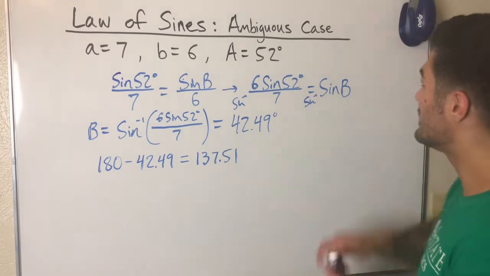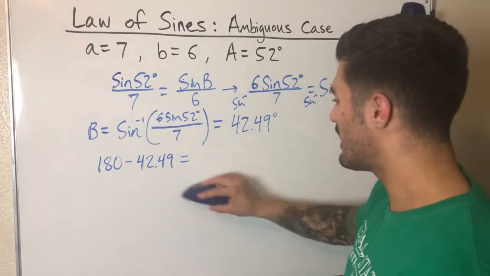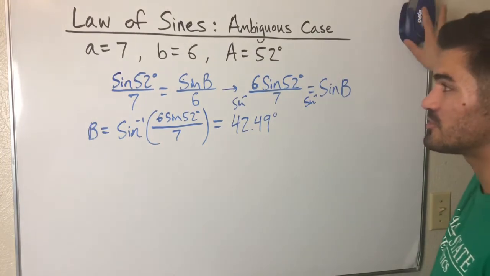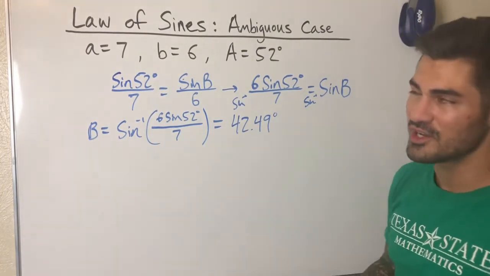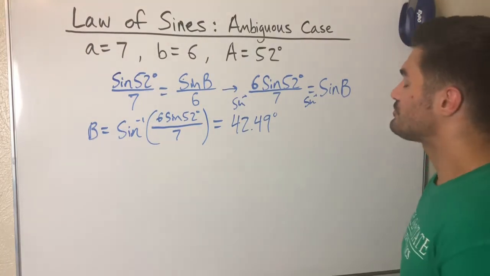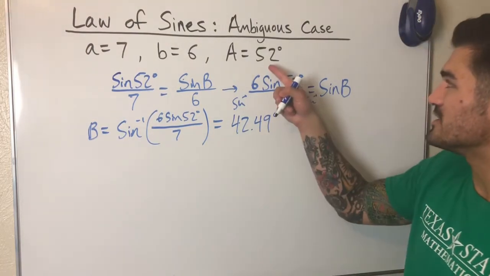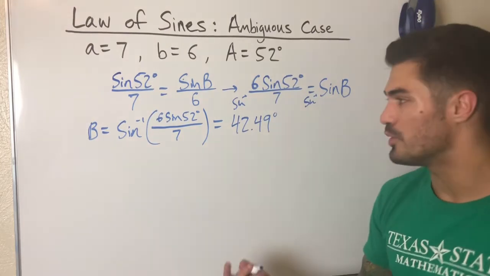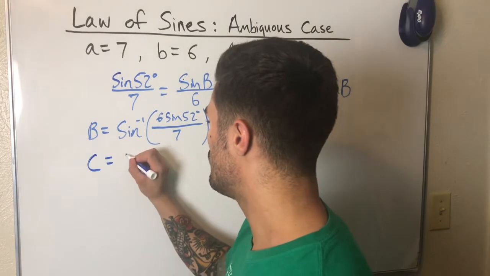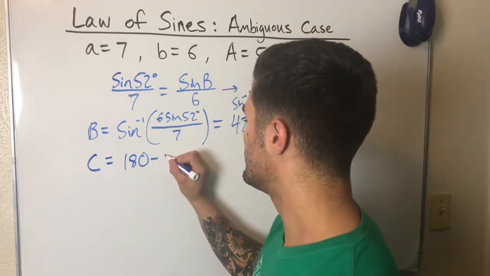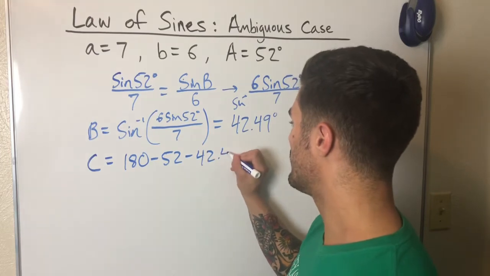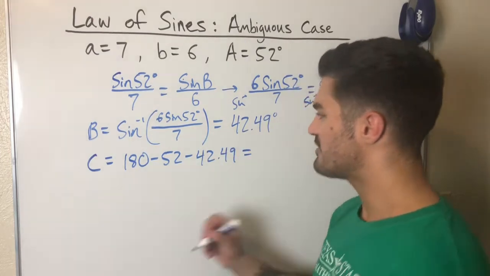So I'm going to go ahead and erase this. So we have our angle B. Really, what do we need to find from here? Just angle C, which is pretty easy to find, and then side C, which I can use the law of sines to find. So angle C equals 180 minus 52 degrees minus 42.49 degrees, because all the angles have to add up to 180.